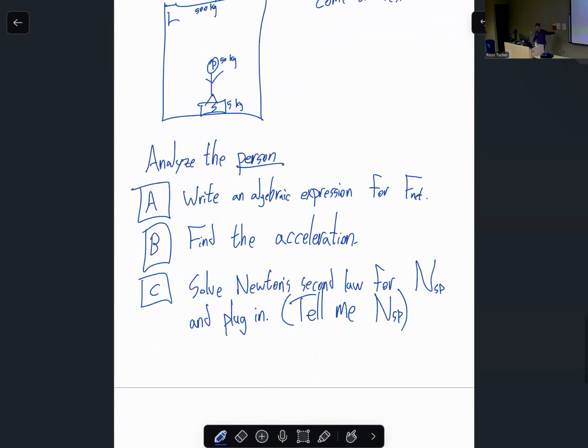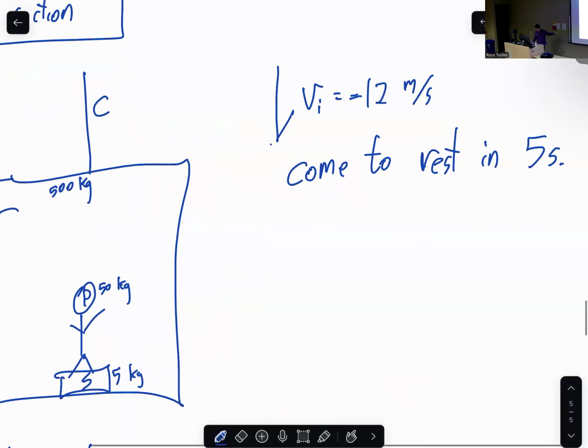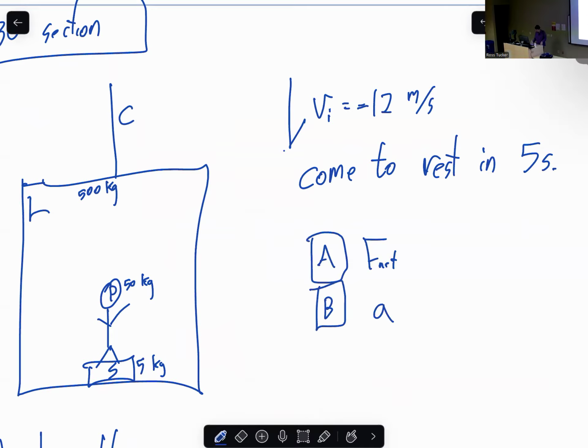You know what I'm asking for? Great. Here we go. I can write shorthand here: A, F net; B, acceleration; C, NISP.